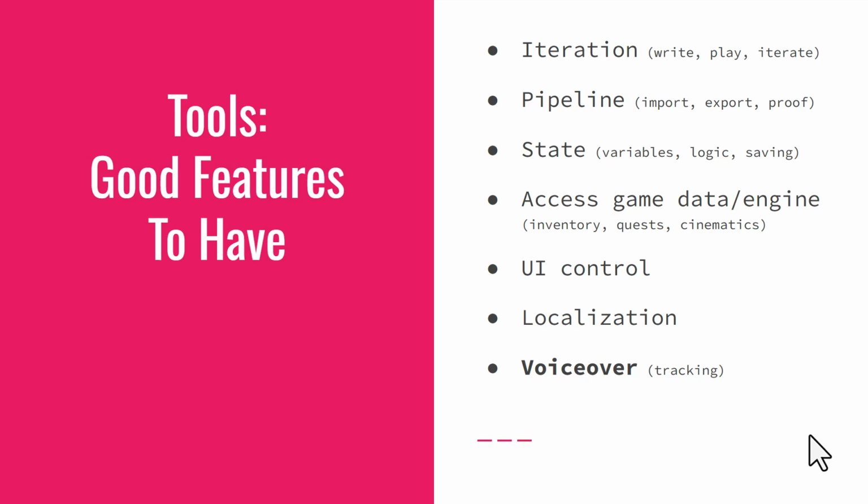That's really helpful because that gives you a sense of how it plays and the timing and how it comes across to the player. If the tool can also track which lines have been recorded and which haven't, it helps your voice director keep track of what needs to be done, maybe which lines need to be re-recorded. So if you can use a tool that tracks that for you, it means you don't need to try to keep a separate spreadsheet or something in sync with it.